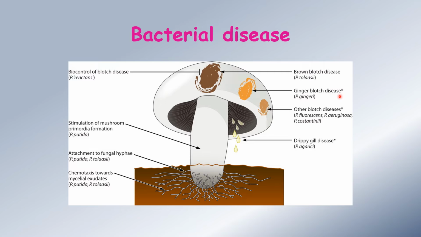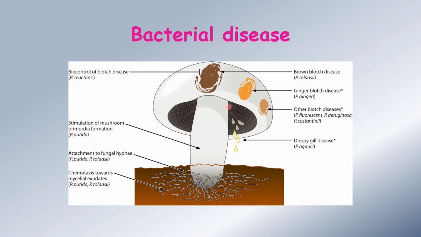Ginger blotch disease appears as a ginger color, and other blotches are discolored spots that can appear on the pileus of the mushroom. Brown blotch disease is caused by Pseudomonas tolaasii, ginger blotch by Pseudomonas gingeri, and other blotch by Pseudomonas fluorescens, Pseudomonas aeruginosa, and Pseudomonas constantinii.